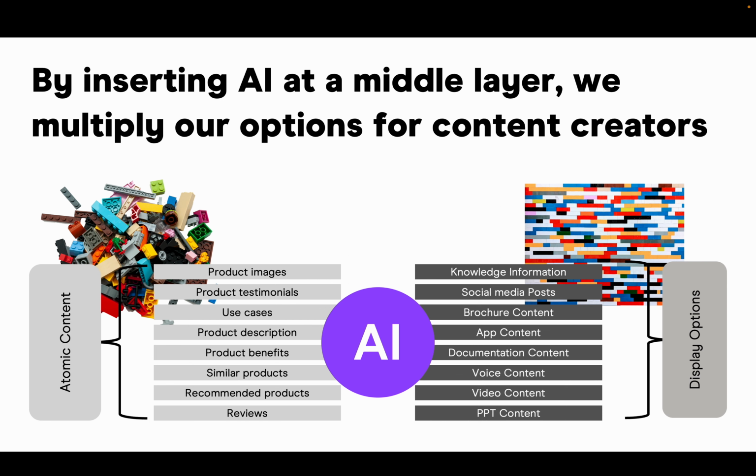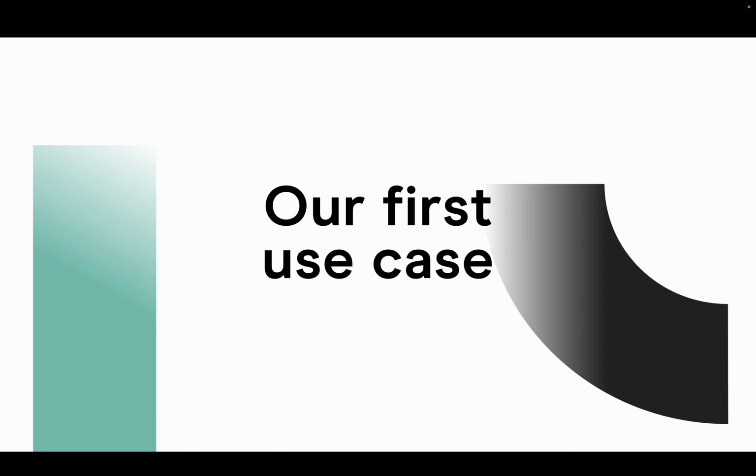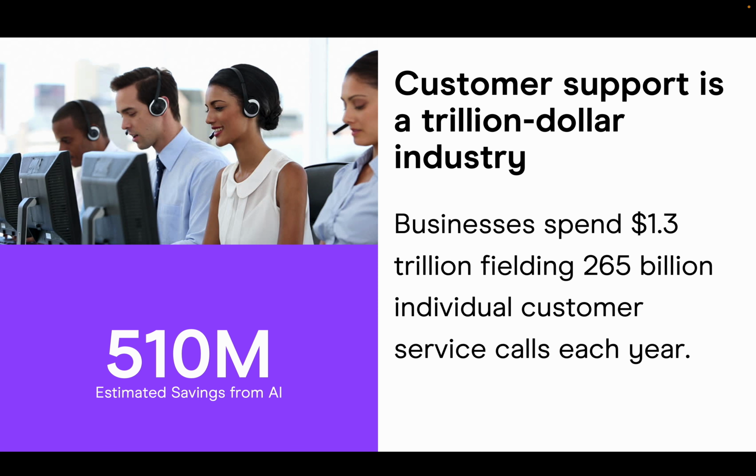There's one use case that we built out for this presentation I'd like to talk to you about today, specifically because it deals with one of the biggest problems that companies big and small deal with, which is how to have better customer service. Customer service is a $1 trillion industry.